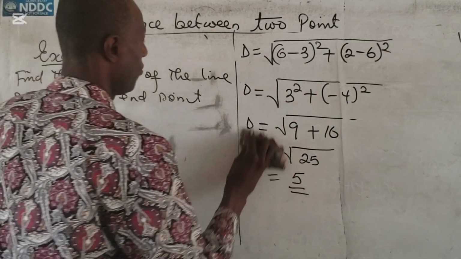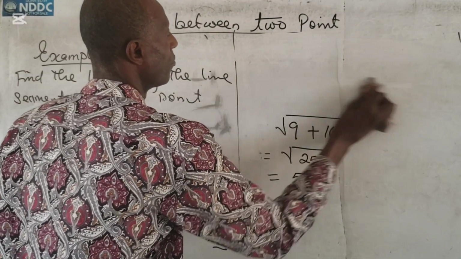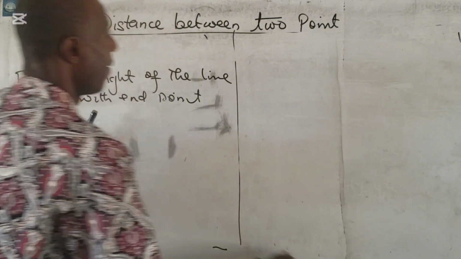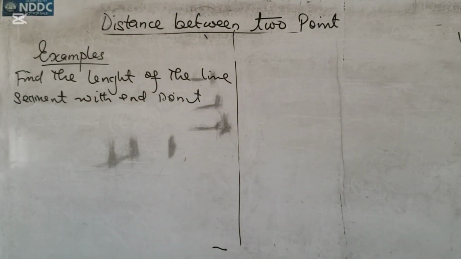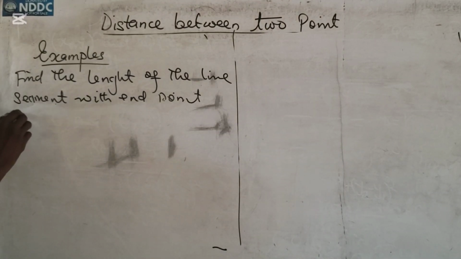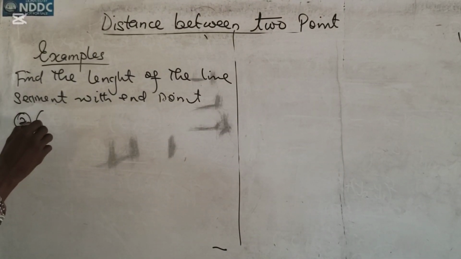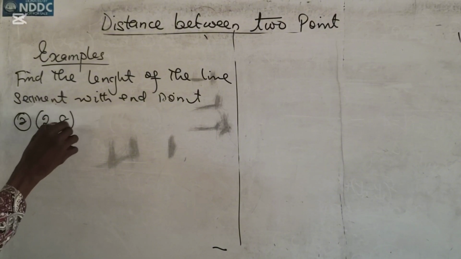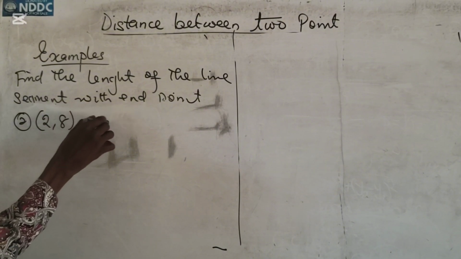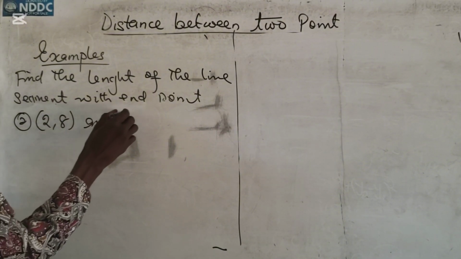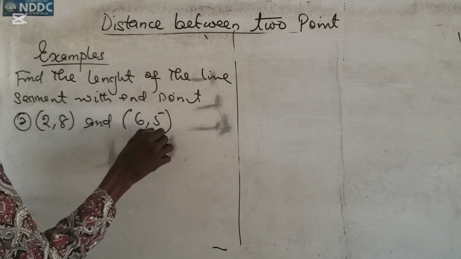Example number 2 is telling us the points (2, 8) and (6, 5).